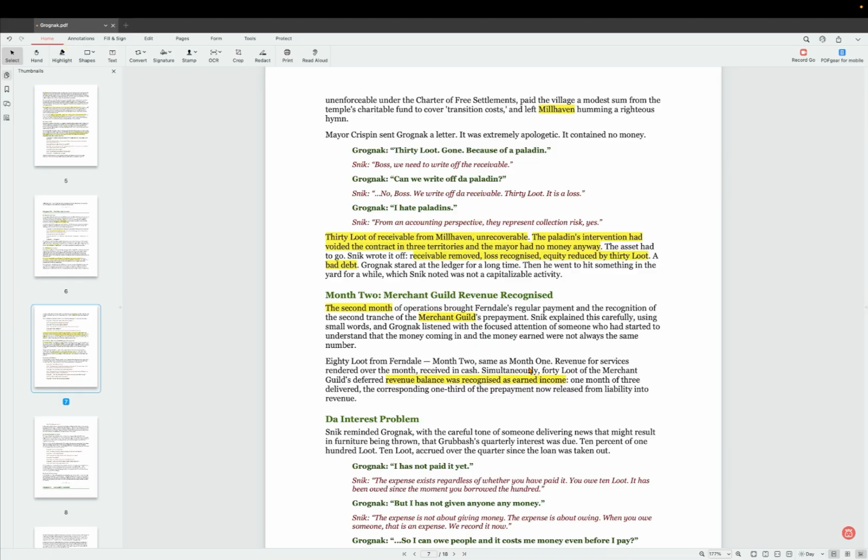Identify the next transaction before recording the accounting entry. Again, at the time the amount was recorded as deferred revenue. Earlier in the case, the merchant guild paid 120 loot upfront for 3 months of protection services.